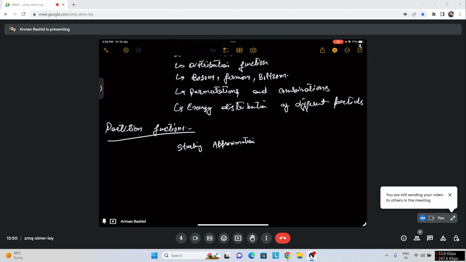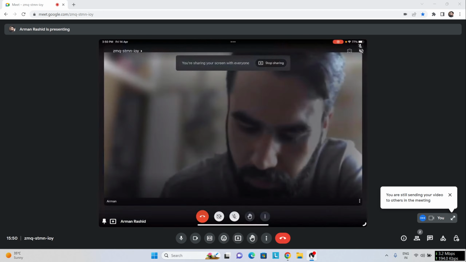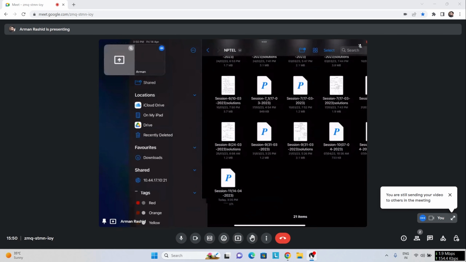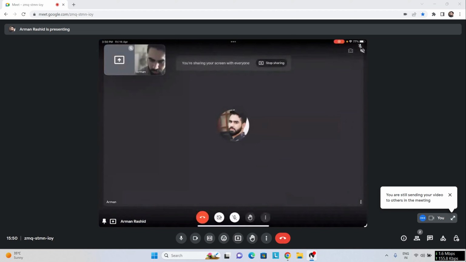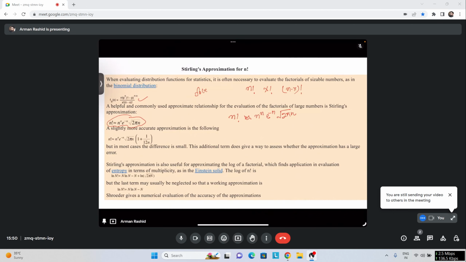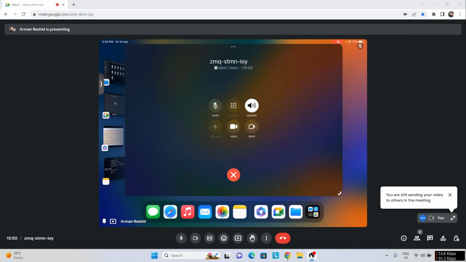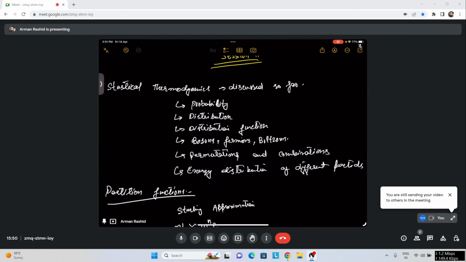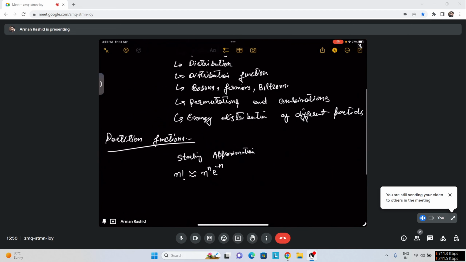Okay, so I have shown there that n factorial is given by n raised to the power n, e raised to the power minus n, under root 2 pi.